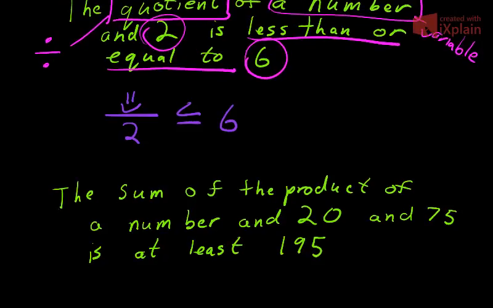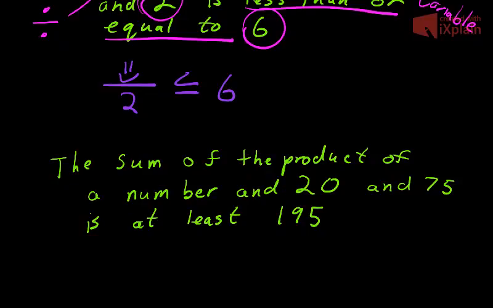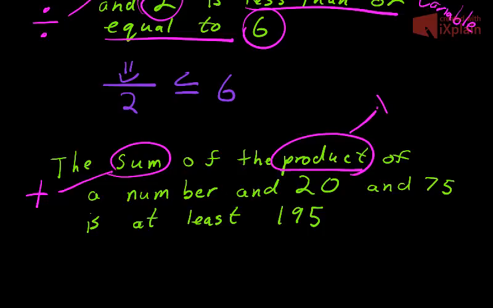All right, so the sum is the first thing we see here. When we see sum, we should be automatically thinking addition. And then we see product. We're like, wait a second. Product means multiplication. So we got multiplication and division. And the product is of a number and 20. So those two are linked right here. And then we have the sum of the product of the number and 20 and 75.